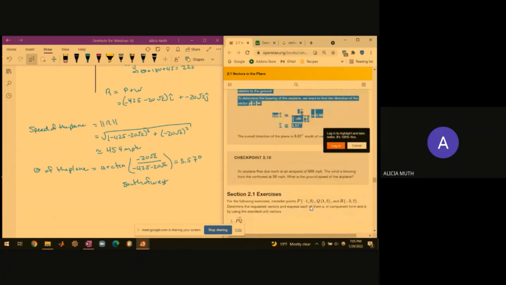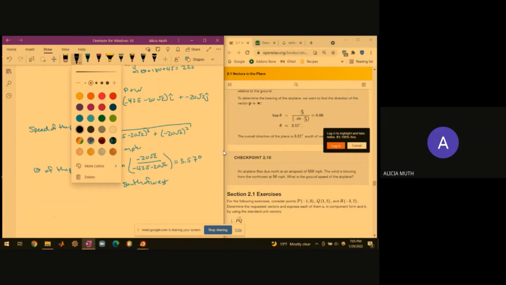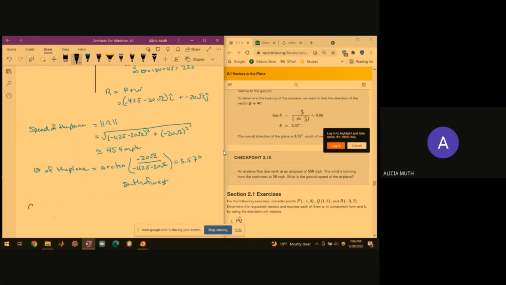So in this instance, we're given information about wind blowing from the northwest. And can we determine the resultant information? So checkpoint 2.10, a plane flies due north at 550 miles per hour.